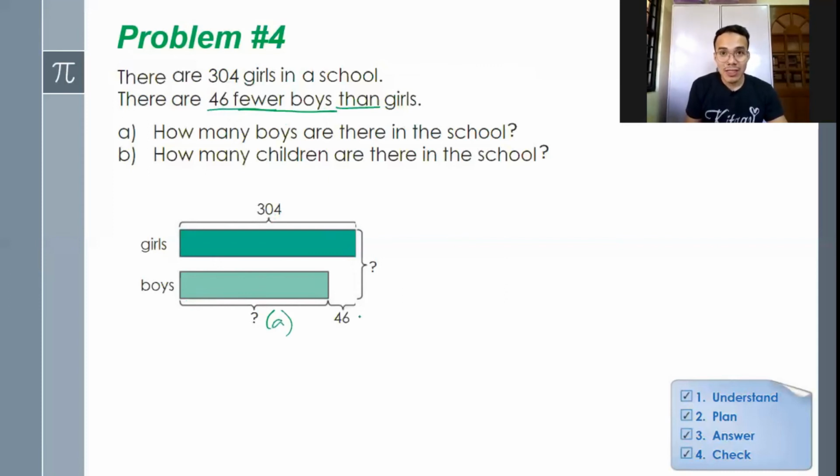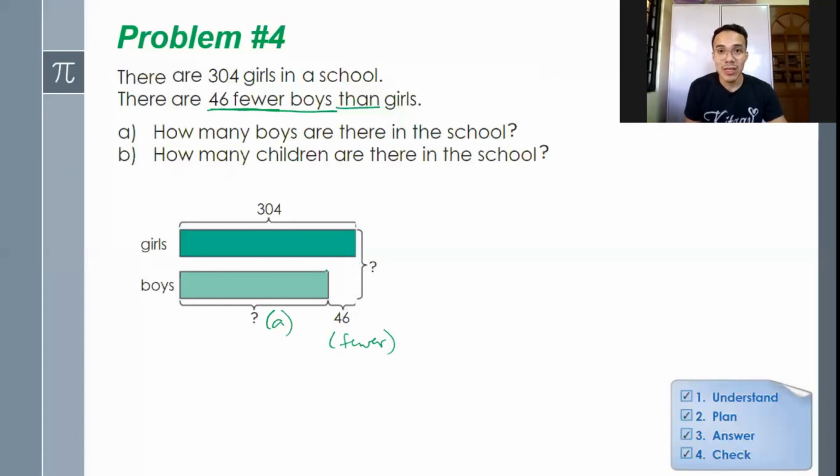And the 46 here is what we call the difference, the extra. This is the difference because we have here 46 fewer. So there is fewer or more. You have to put it here, the difference. And letter B is asking for the number of children in school or the total number of children.